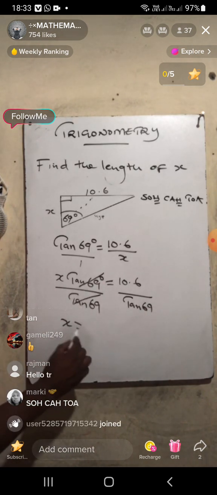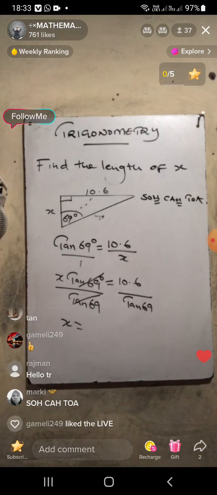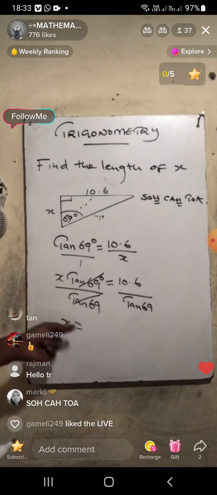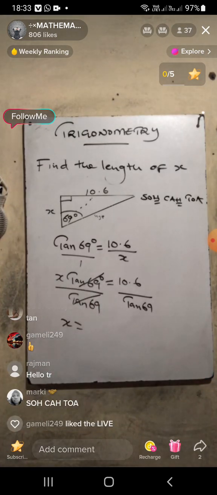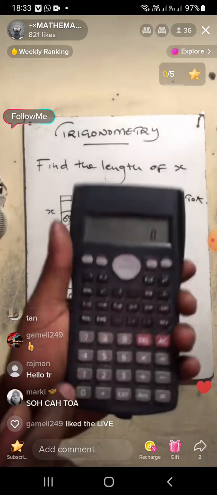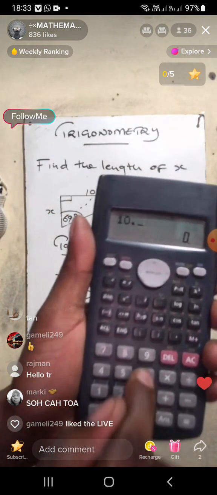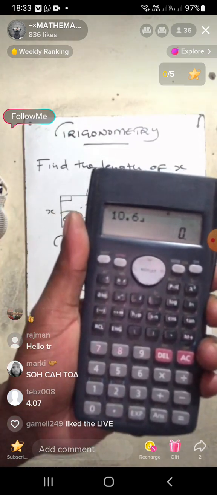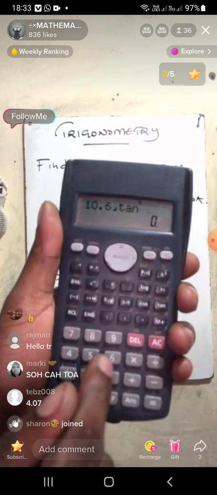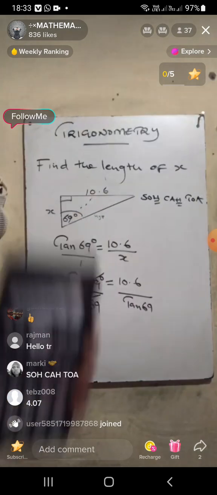So now our x is equal to, now we have made x the subject of the formula. We can now get our calculator and compute 10.6 over tan 69.